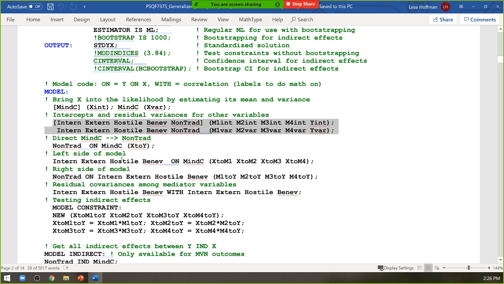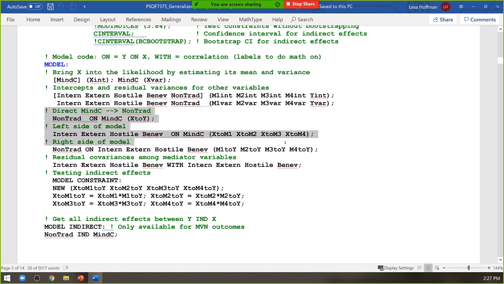What you do have to type, though, are the paths. In the lines that are green with the exclamation points, those are the comments. So I'm trying to wade my way through the picture here. We have first the X to Y path, so non-traditional attitudes as the Y outcome on mindfulness.